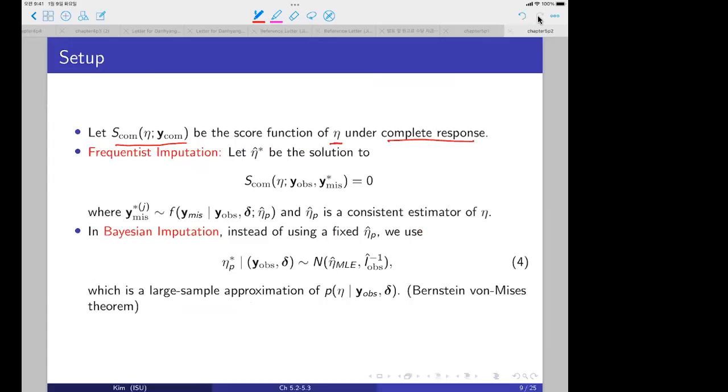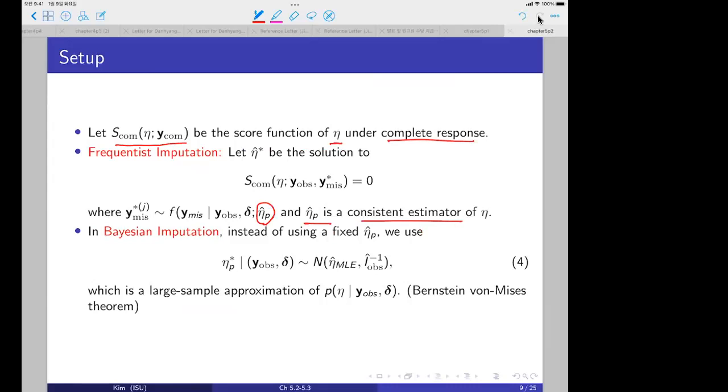In frequentist imputation, remember that we have eta hat P, a consistent estimator, used to generate missing data for imputation. Then we plug in and solve this for eta. So that gives a one step update, a better estimator of eta.